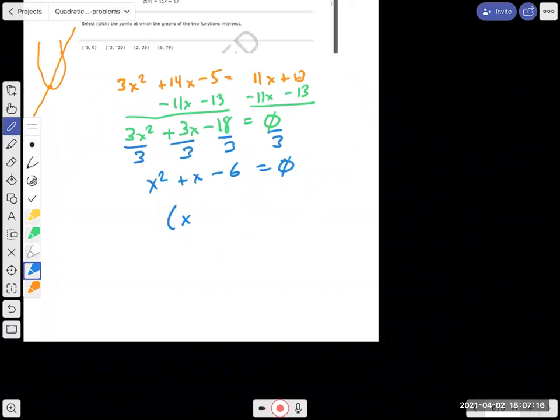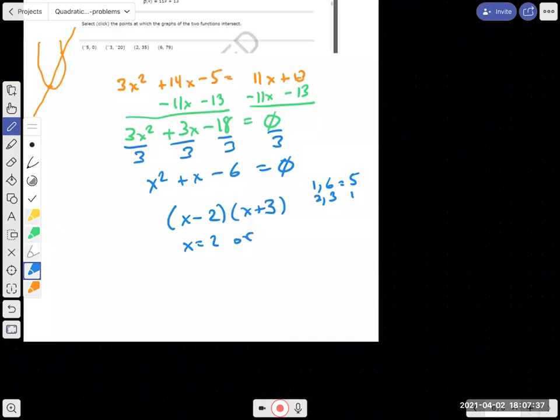So it's an x minus and an x plus. And it has to be 6, so it's 1 and 6, or 2 and 3. These two are 5 apart. These are 1 apart. So, oh, there you go. It must be that. And it's plus, so the 3 must be here and the 2 is there. So we get x equals 2, or x equals minus 3.